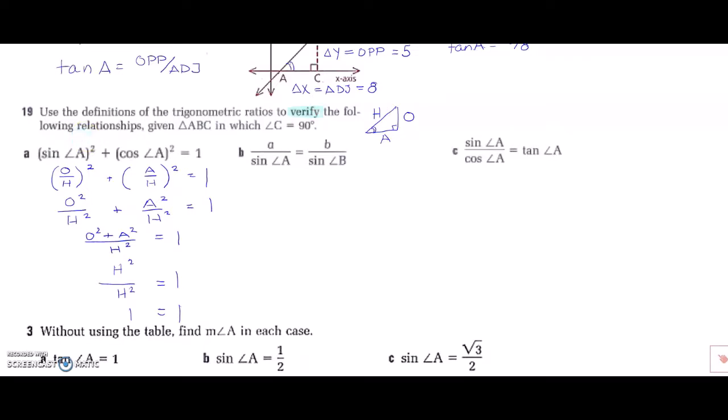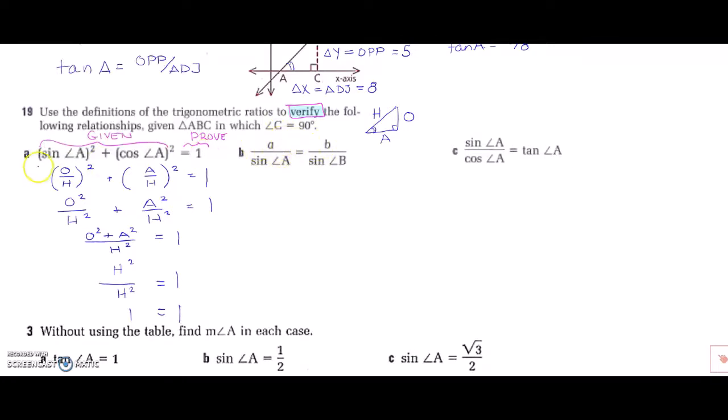Basically, the way I approached this was that this side was what I was given, and this side is what I needed to prove. So when it reads verify, that means work one and only one side of the equation. So we have to verify.